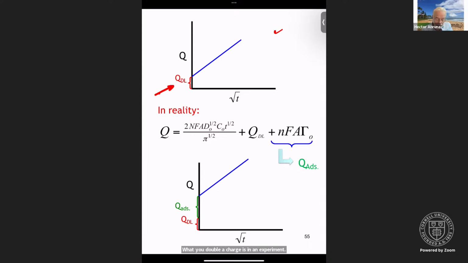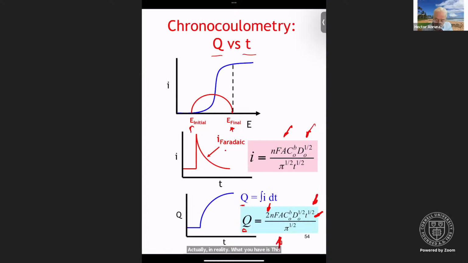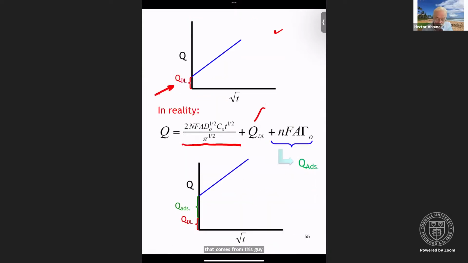Actually, in reality, what you have is this term, right, that comes from this guy, plus double layer charge, plus, if you have adsorption.